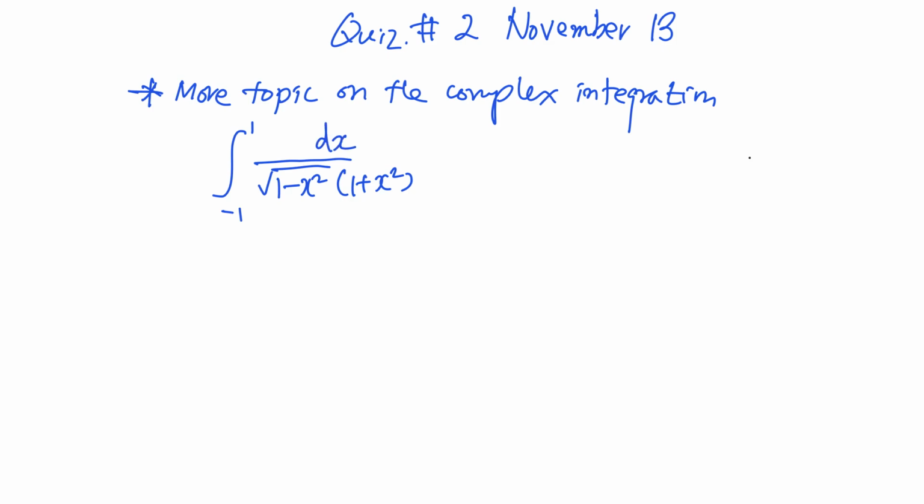Let's say I. This is a bit complicated, right? Because you have the square root of 1 minus x squared in the denominator.